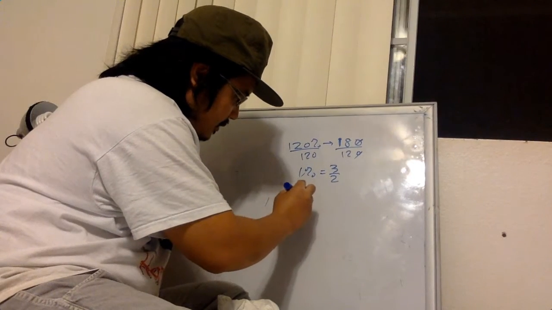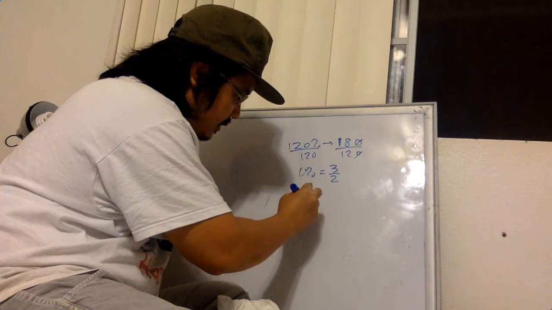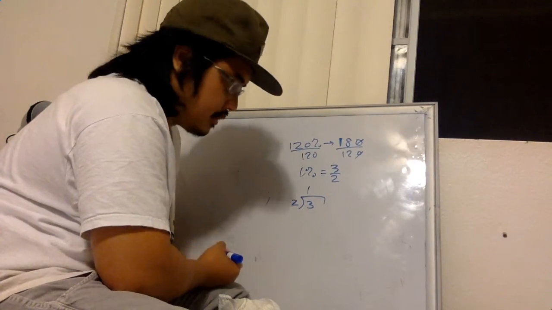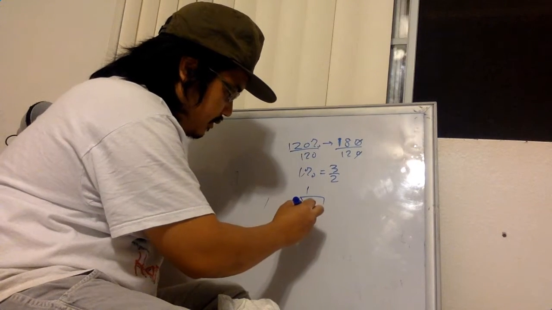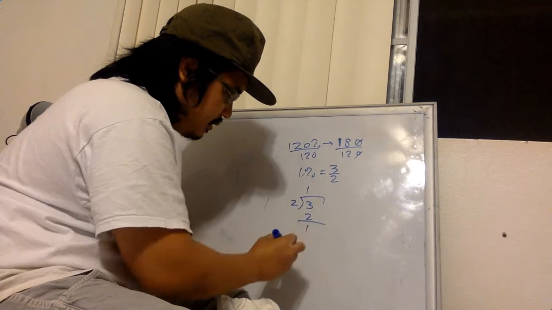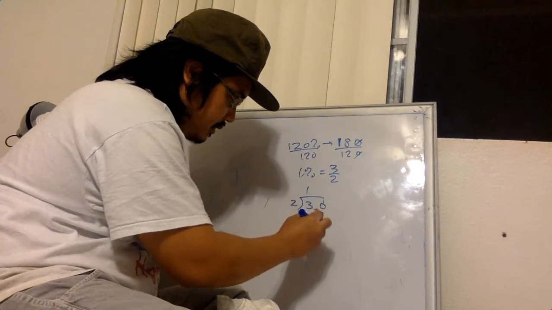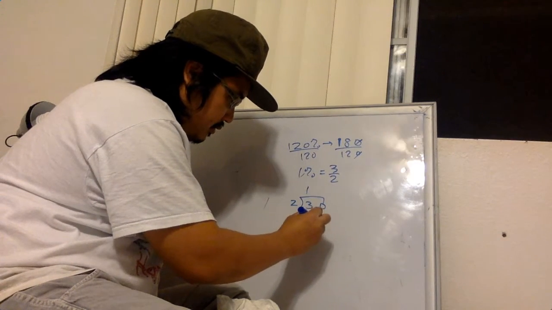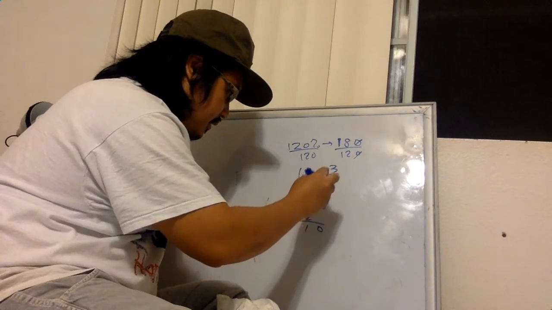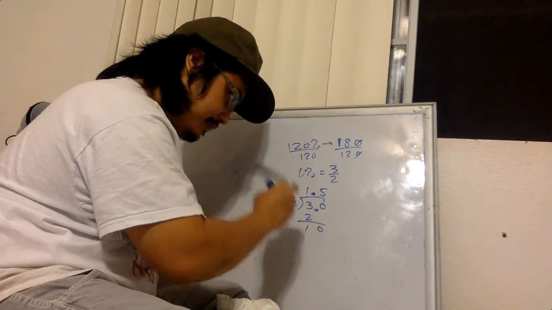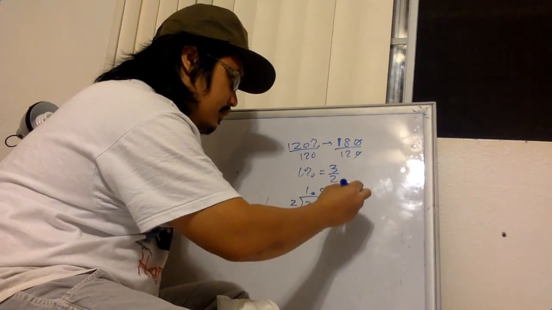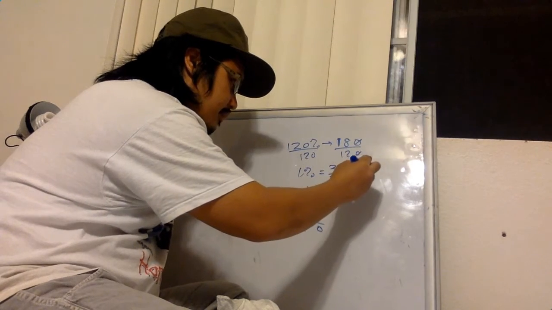How many times does 2 go into 3? Well, at least one time. And I put a 2 here. This is a 1. I put an extra decimal place there. How many times can 2 go into 10? At least, well, 5 times. 1.5. So 1% is actually 1.5.